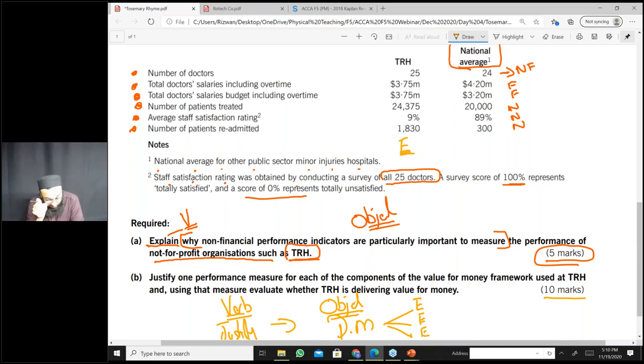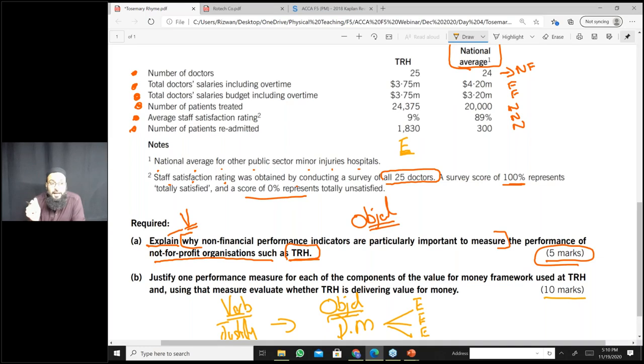Keeping the data in mind, what can you work out for economy? The input resource is doctors, and the cost is their salary. So what measure can you think of here?